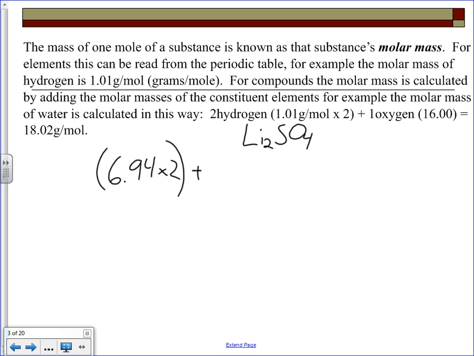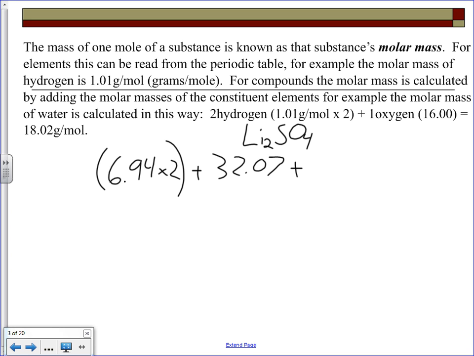What else do I have in there? Sulfur. How many sulfur do I have? 1. And for sulfur, we're looking at 30.98. Actually, 32.07. And then how many oxygen do I have? 4.